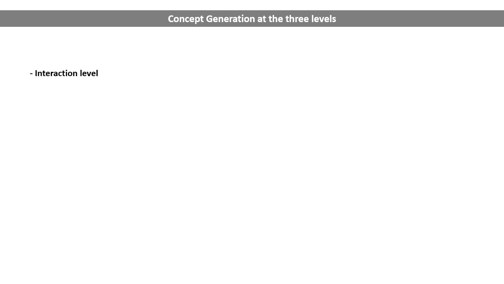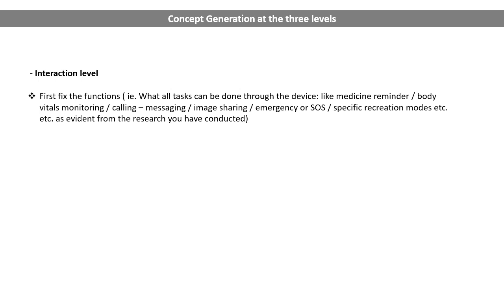At the interaction level, the first thing is to fix the functions. What does fixing the functions mean? It means deciding what tasks the user can do using the device.